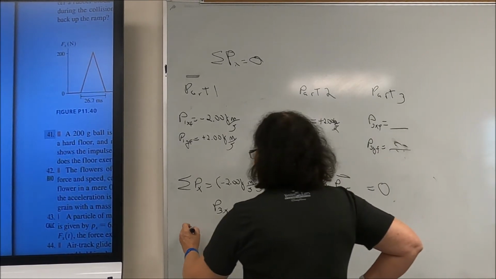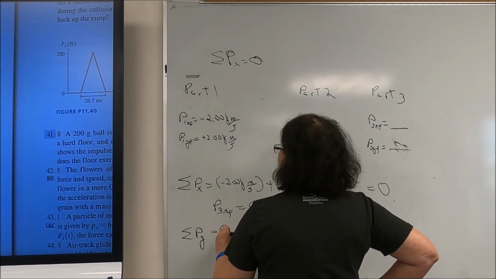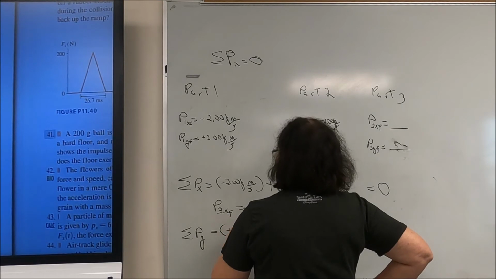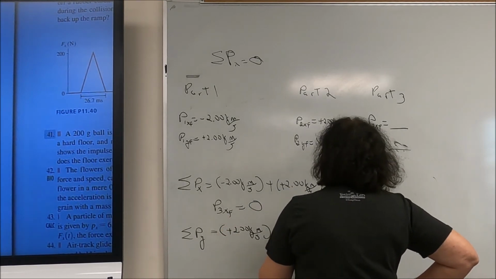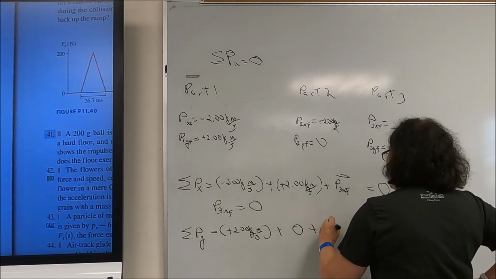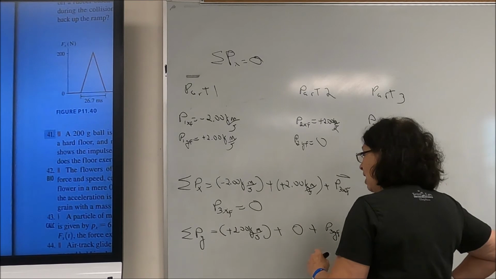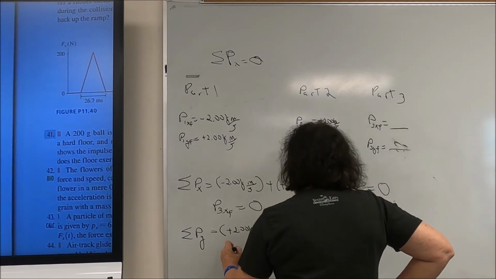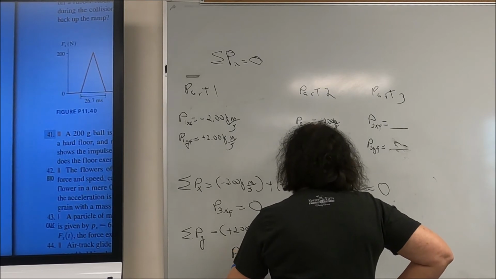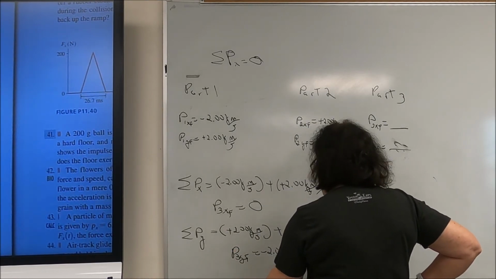Sum of the momentum in the y direction would be +2 kilograms meters over seconds, plus 0, plus momentum 3y final, and that all has to add up to 0. So I know momentum 3y final has to be -2 kilograms meters over seconds.